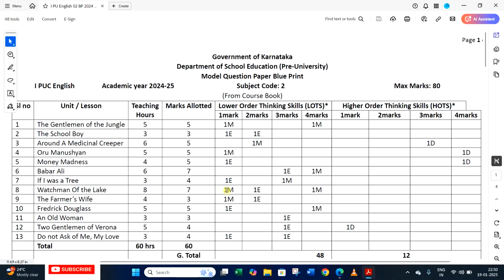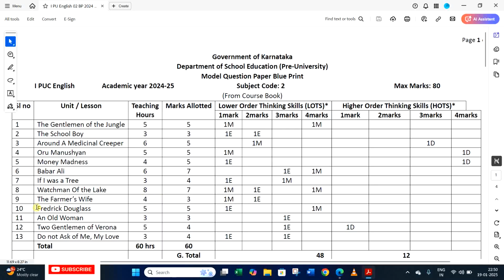So you can find here in lower order thinking skills 1 mark 1 question, 2 mark 1 question and 4 mark 1 question, sum total 7 marks. The next unit we have over here is The Farmer's Wife, that is a poem, and 3 marks are given to this particular poem. 1 mark 1 question and 2 mark 1 question, sum total 3 marks.